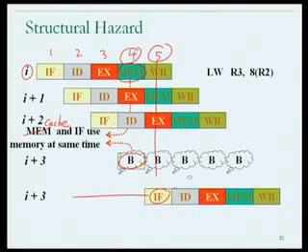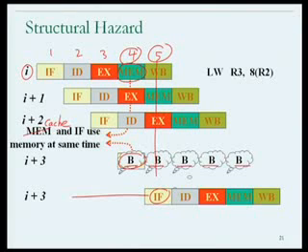Now, what happens to this bubble? You'll notice that I've conceptually shown this bubble as progressing through the pipeline just like an instruction would. Because if the instruction fetch hardware was not being used in cycle number 4, but only in cycle number 5, then what will happen to the instruction decode hardware in the next cycle? The answer is there will be no instruction which needs to be decoded.